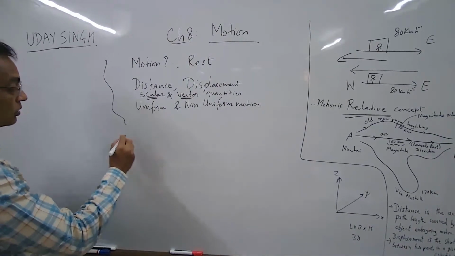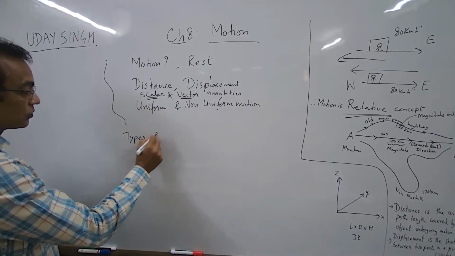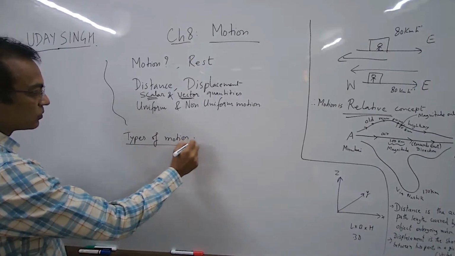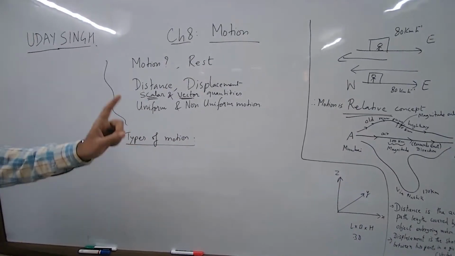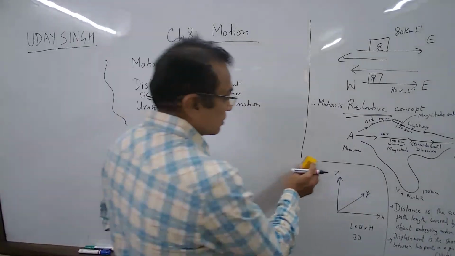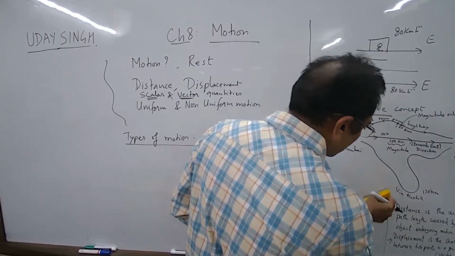So now let's understand what are the types of motion that we are going to study in this chapter. So everybody clear till here? Is the concept clear? What is scalar, vector? What is the difference between distance and displacement?